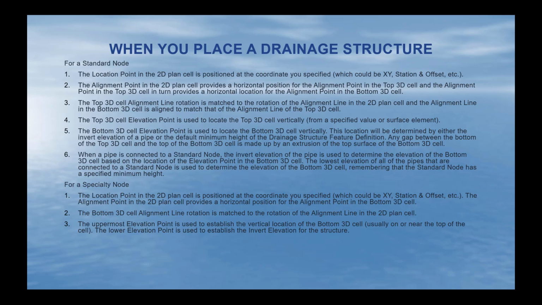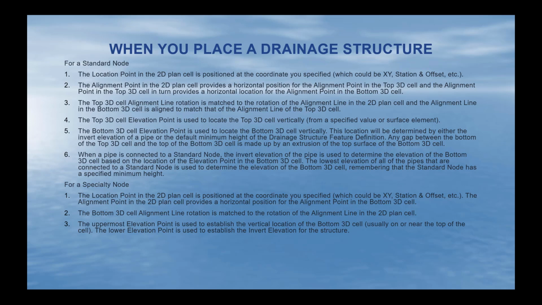This location will be determined by either the invert elevation of a pipe or the default minimum height of the drainage structure feature definition. Any gap between the bottom of the top 3D cell and the top of the bottom 3D cell is made up by an extrusion of the top surface of your bottom 3D cell.